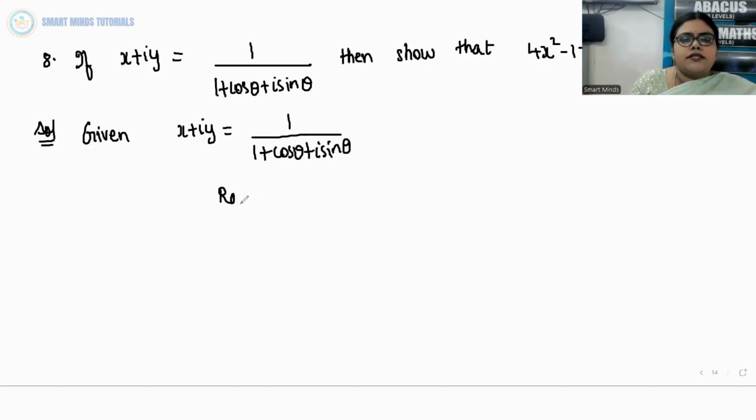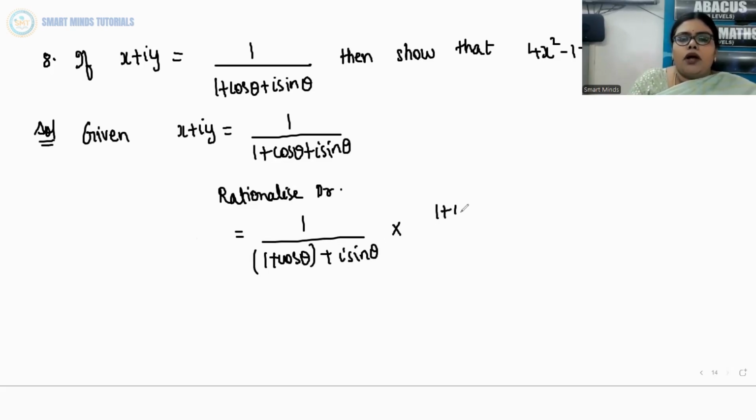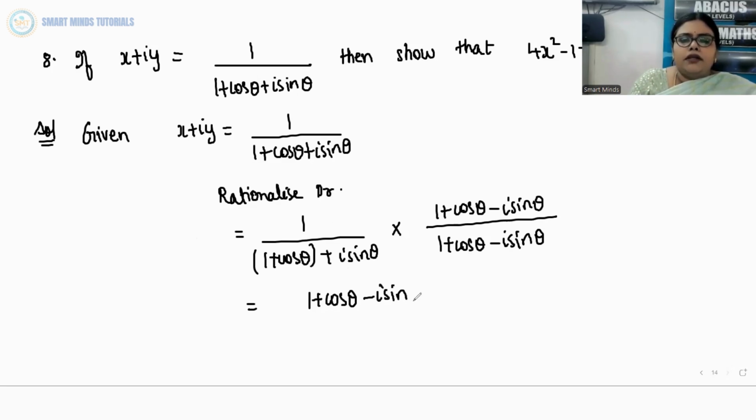Now we rationalize the denominator. So how to rationalize? 1 plus cos theta is the real part, plus i sin theta is the imaginary part. So we multiply and divide with 1 plus cos theta minus i sin theta by 1 plus cos theta minus i sin theta. Now numerator is 1 plus cos theta minus i sin theta. Denominator is a plus b into a minus b.